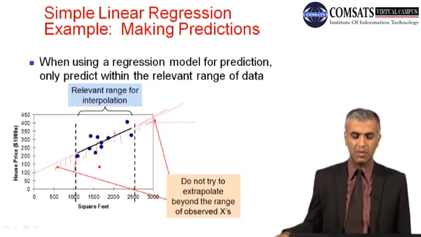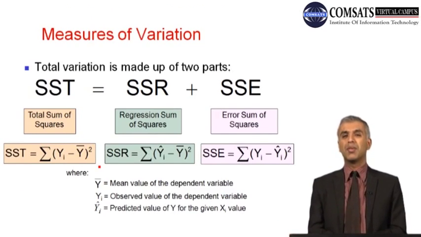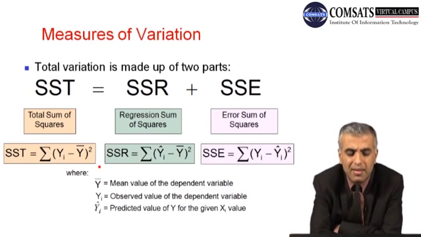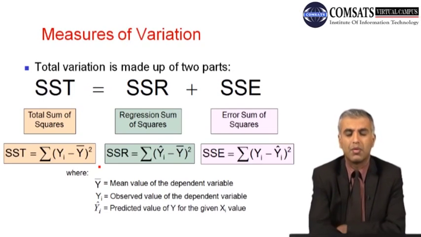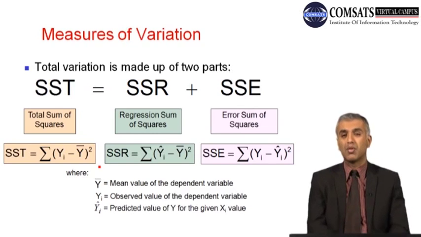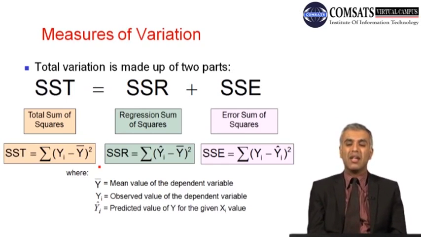Once we have gone through that, then the basic concept which underlies the measure of variation: we know that the total variation in regression analysis is divided into parts. One is called the total sum of squares, which is equivalent to the regression sum of squares, the sum of squares calculated through regression.